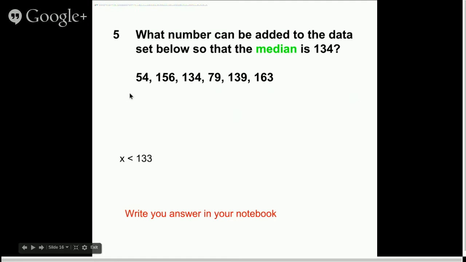So the 54 would cancel, the 156 would cancel, then the 163 would cancel, then 79 would go away, then 156, then these two are in the middle, so you find the middle of those two. But if you add another number, 133, then that one goes away and that one goes away, and then you're left with that in the middle.